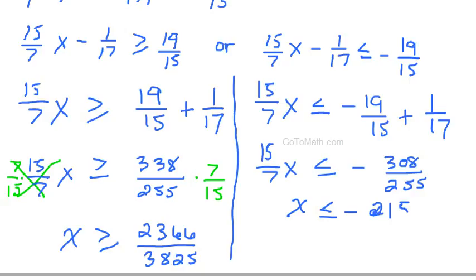My pen didn't want to write there for a second. 255 times 15 is 3825. Isn't that terrible?